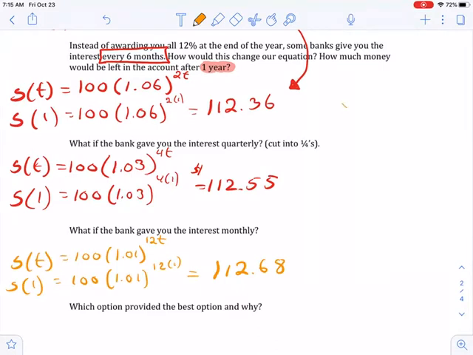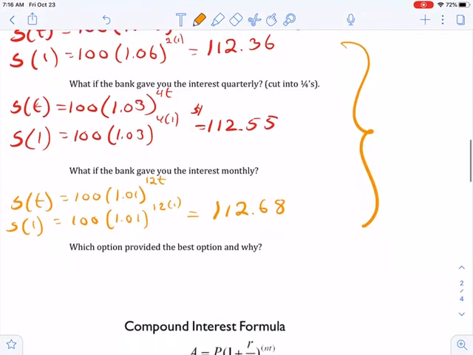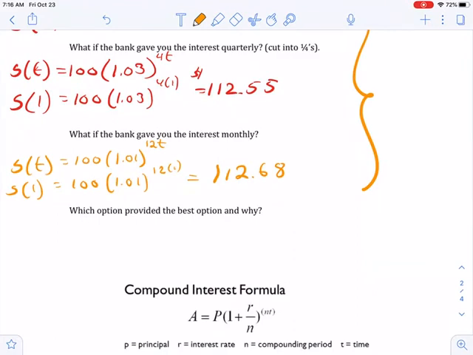The difference here is basically that, in any of these situations, after that first rewarding of my compound interest, I'm then going to be gaining compound interest on the additional money that I already have. So we want things to be compounded more often because that means that the increase in our money is also contributing to the amount of money that I'm going to be making. So which option provides the best?